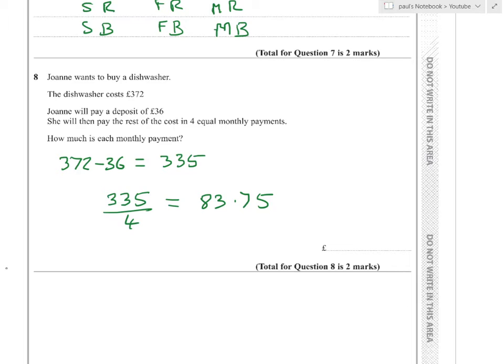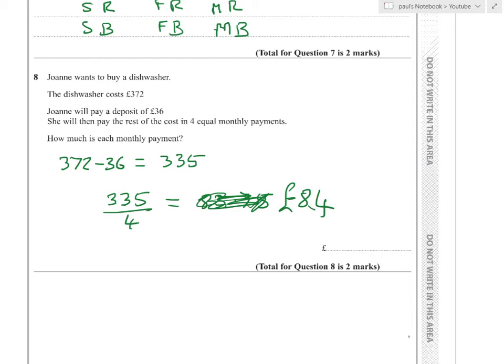372. Yeah, is that exactly right? 372 take away 36 equals, divide by 4 equals, oh, it's 84. I don't know where I've got that from. Yeah, it's 84. I thought that was an odd penny there, right?